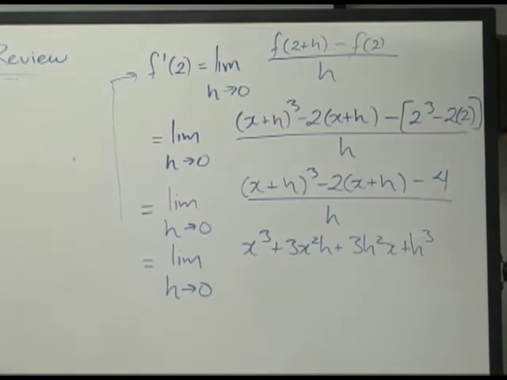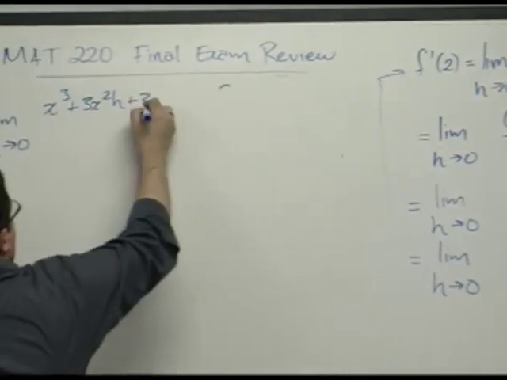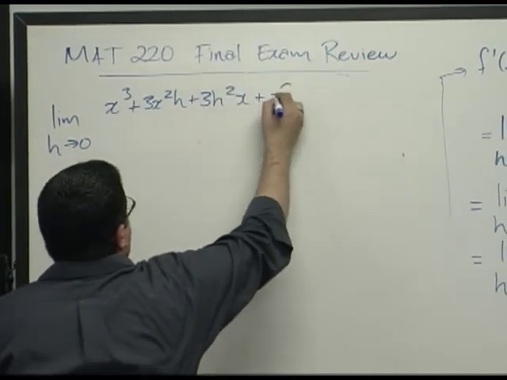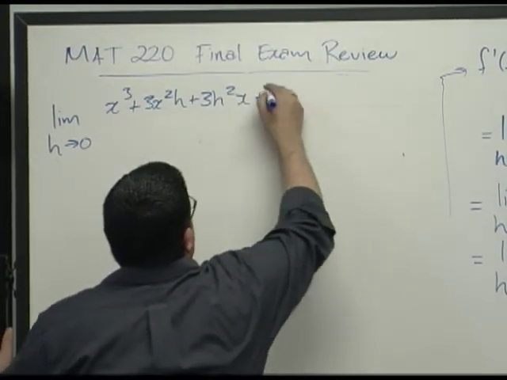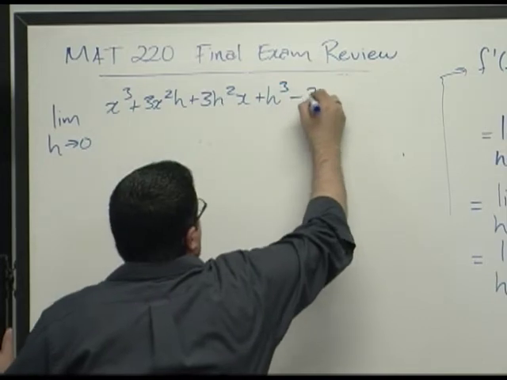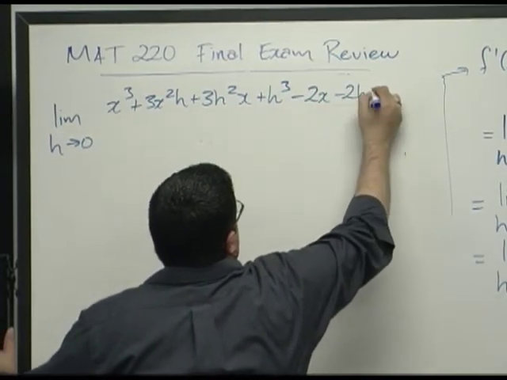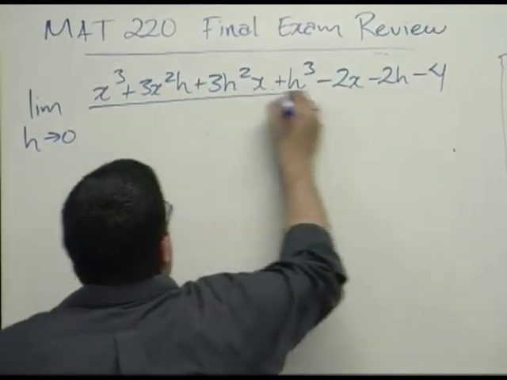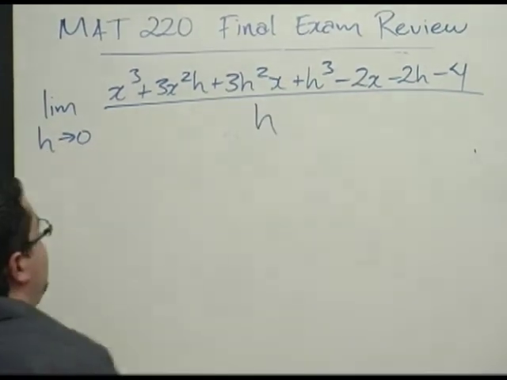So this is what we have. We have this limit as h goes to 0 of x cubed plus 3x squared h plus 3h squared x plus h cubed minus 2x minus 2h minus 4 all over h.